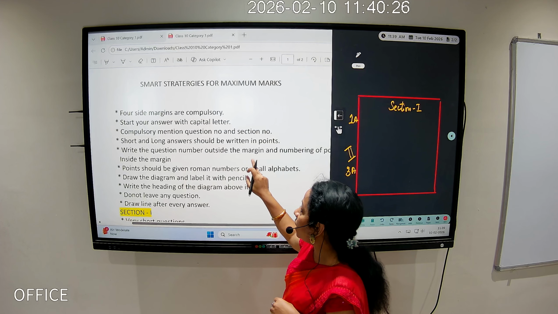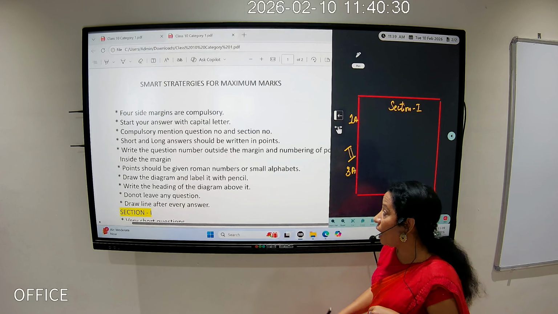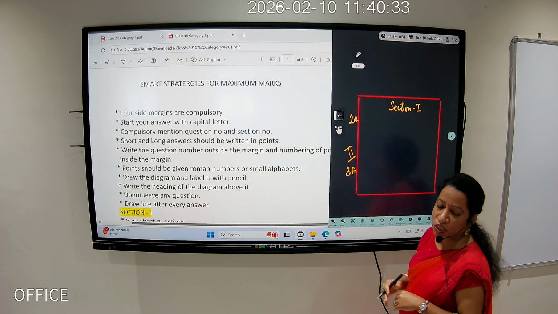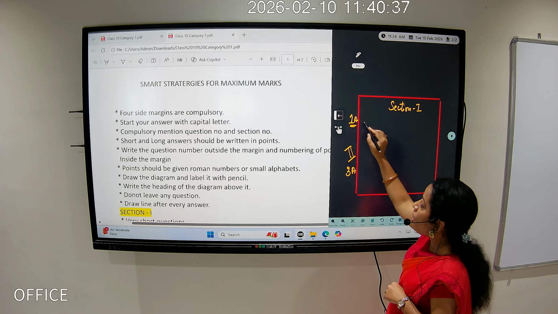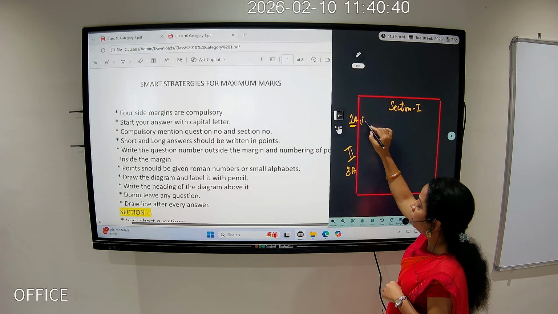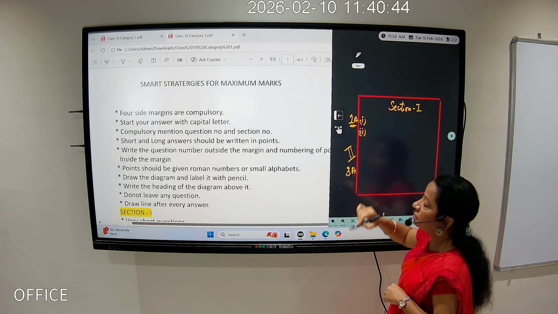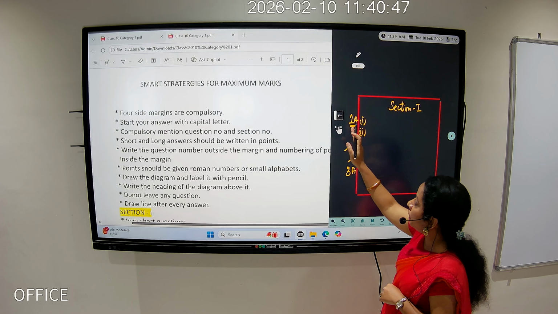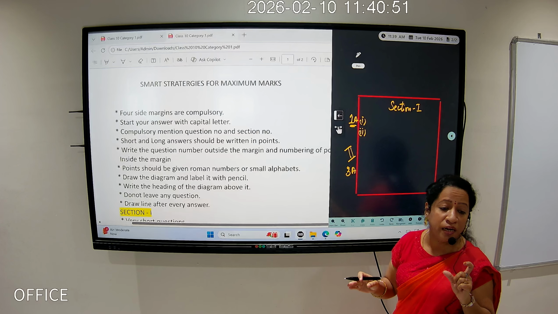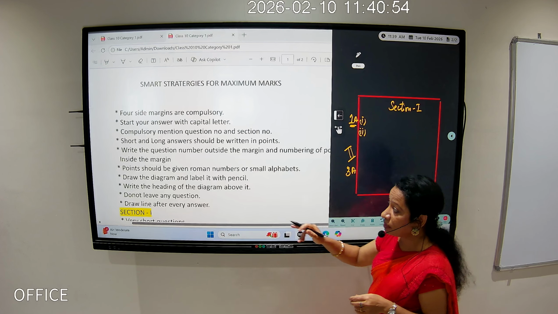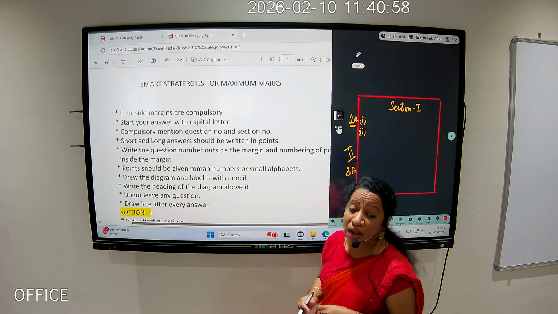Write the question number outside the margin and numbering of the points should be inside the margin. See, I have written first question here. Okay, now this is my question number and the point number, whatever you are starting, it should be inside the margin like this. Okay, do not write the point number outside the margin because it may create the confusion. And always this is one thing, points should be given Roman numbers or small alphabets.